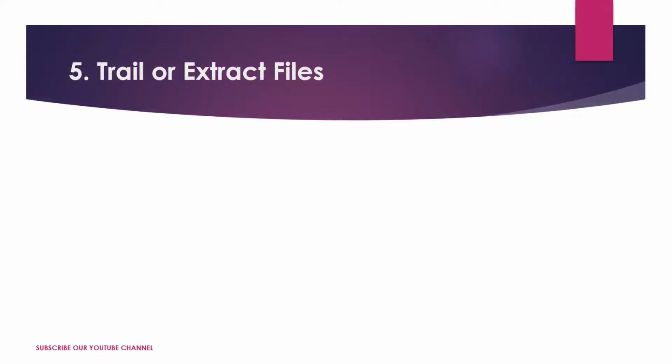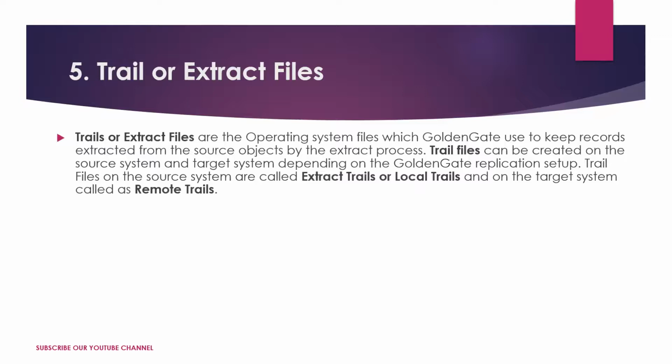That is trail or the extract files. In this segment, we will be looking at extract and trail files. These are basically system files which Golden Gate uses to keep the records extracted from the source objects by the extract process, and the trail files can be created on the source system and target system depending upon the Golden Gate replication setup.